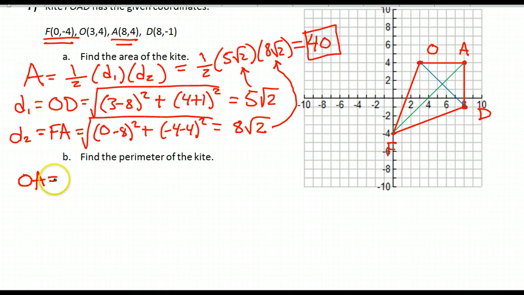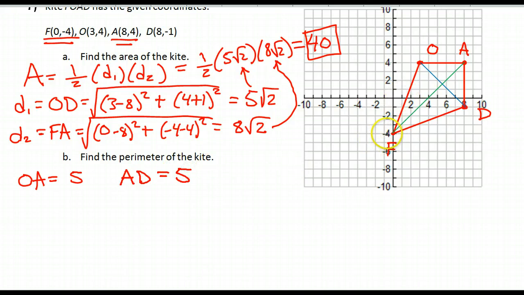OA, I can just count. So that's 1, 2, 3, 4, 5. Okay, OA is 5. Of course, AD, this is a kite, so those consecutive sides there are going to be the same. So guess what? AD is going to also equal 5.